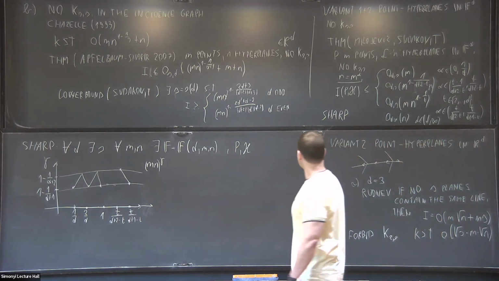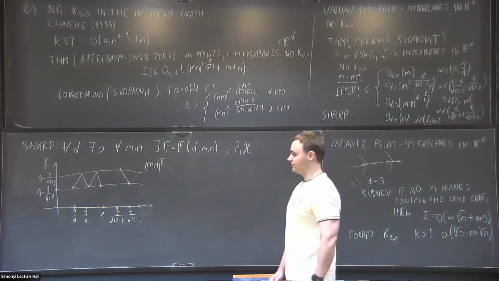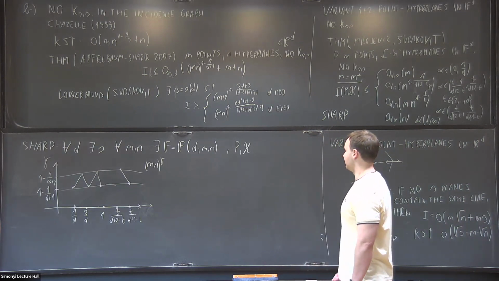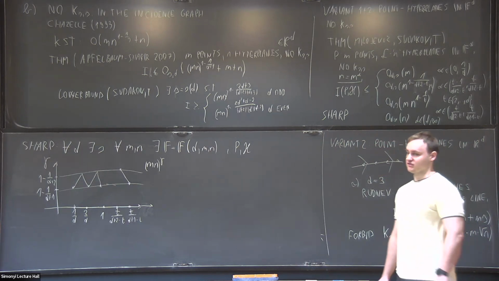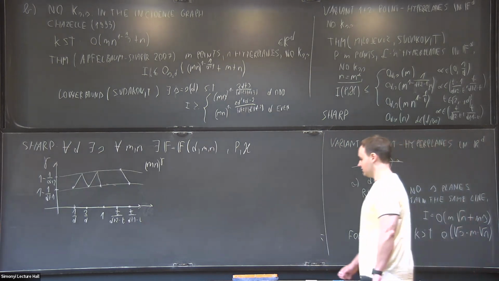So now let me try to give you some idea of the proof. Let me in particular show you how to prove this in a simple case when we are just in dimension 3 and m is equal to n.